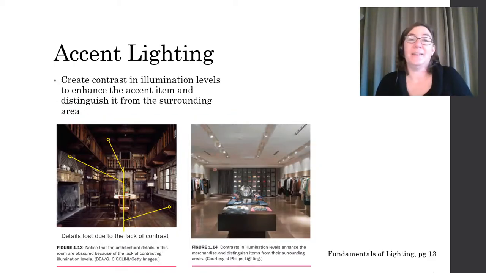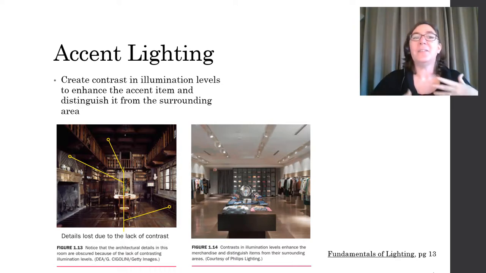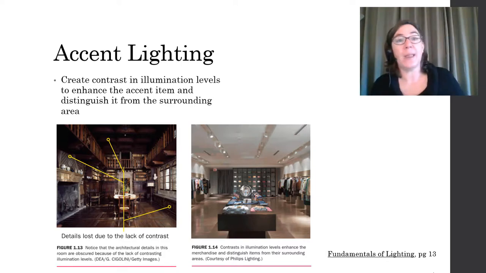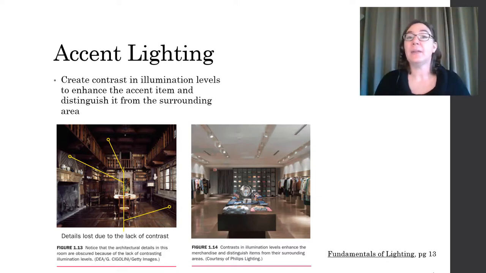One thing accent lighting can really do for you as a designer is to create contrasts in illumination levels in your room. So some areas dark and some areas very bright. This will enhance whatever item you're trying to accent and distinguish it from the surrounding areas. So we have two examples here.